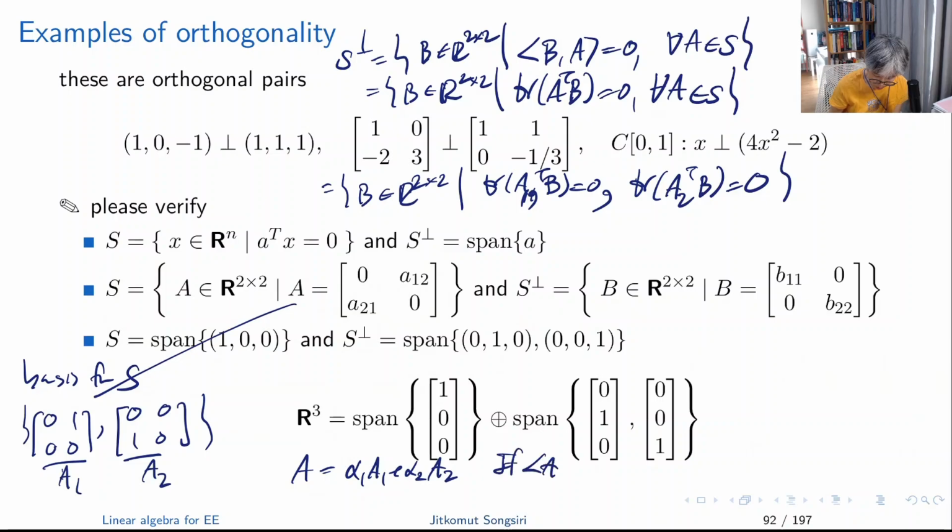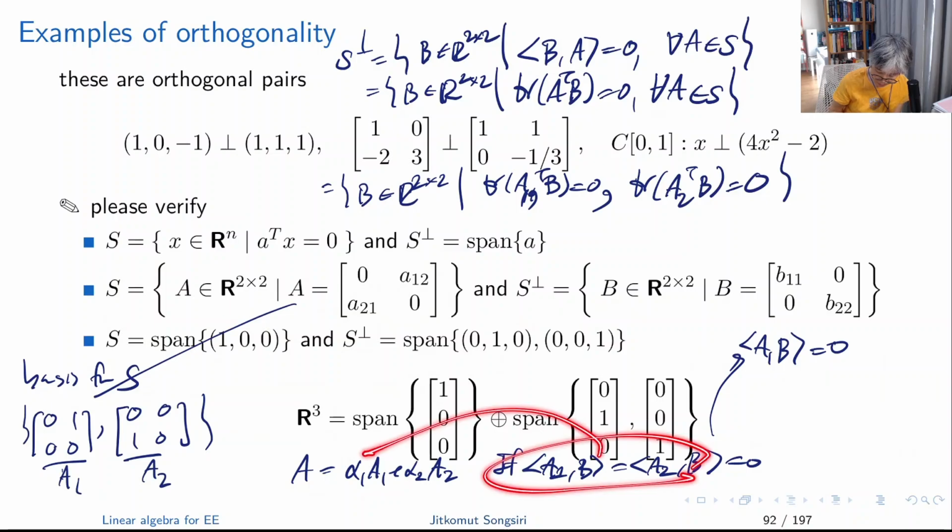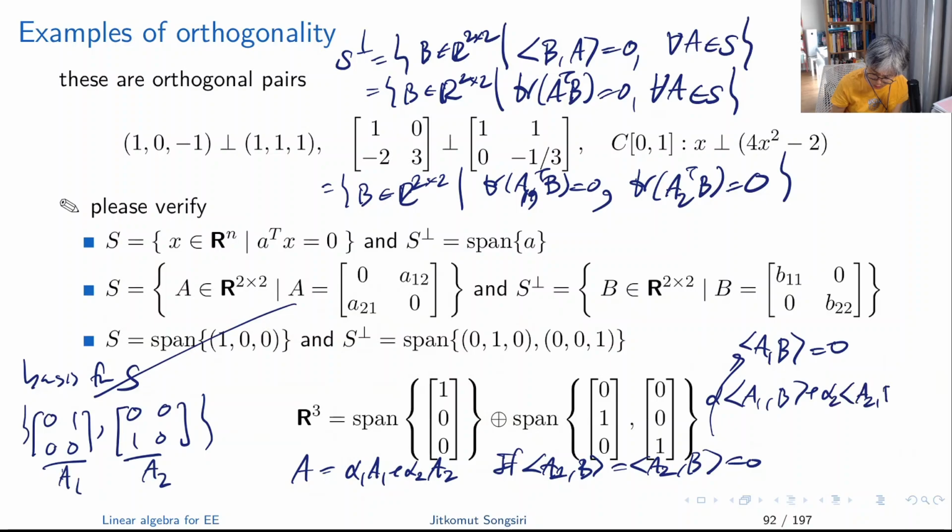So if the inner product of A1 and B and the inner product of A2 and B are 0, isn't it obvious that the inner product of A and B is 0 as well for any A? Can you do this real quick? I hope it's clear, right? Because by the linearity of the inner product, the inner product of A and B would be alpha 1 times the inner product of A1 and B plus alpha 2 times the inner product of A2 and B. So you can show quickly that it is obviously 0.